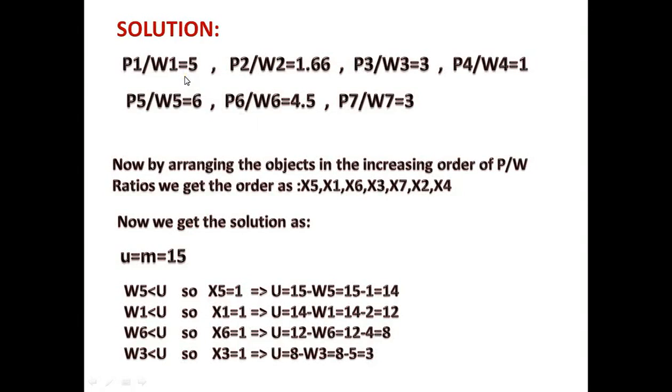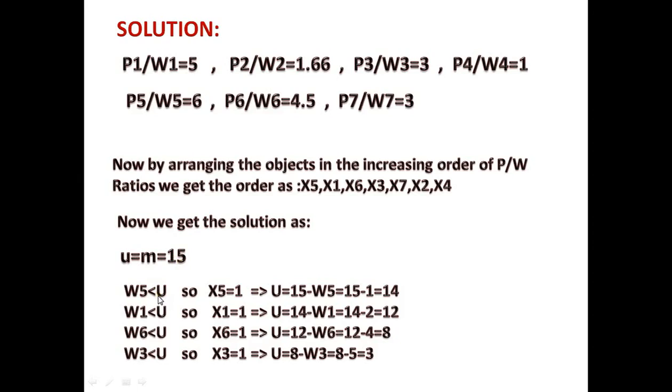First we have to find the profit by weight ratio of all the given objects. Then we arrange the objects in the decreasing order of profit by weight ratio. Now we take a variable u and give it the value of the capacity of the knapsack, that is 15.